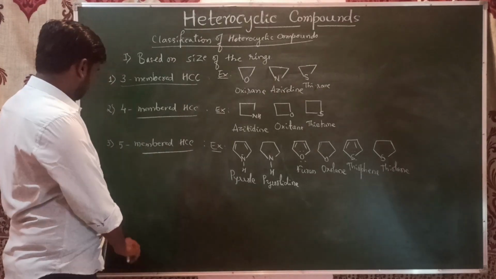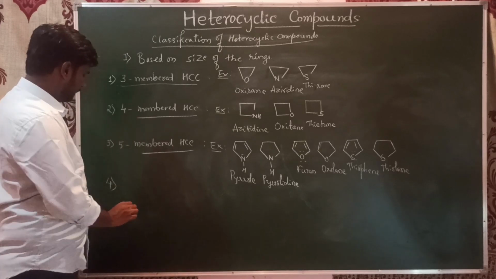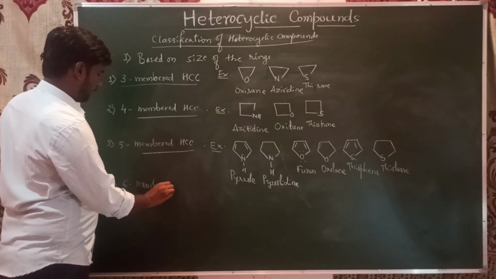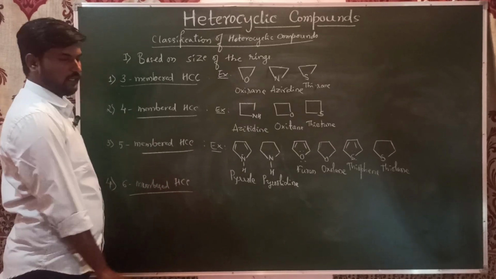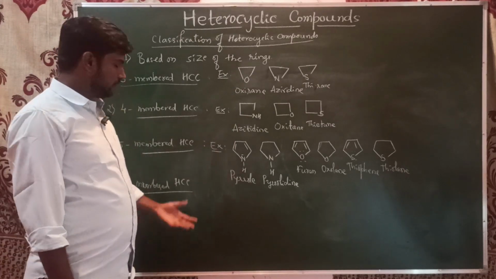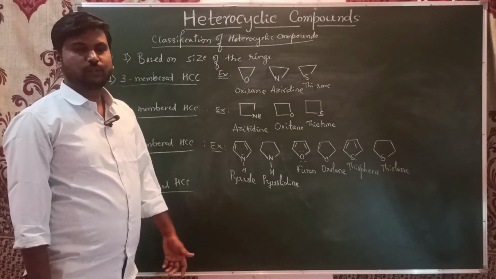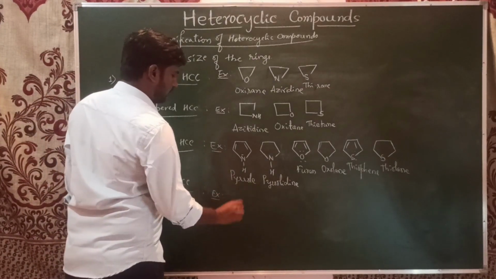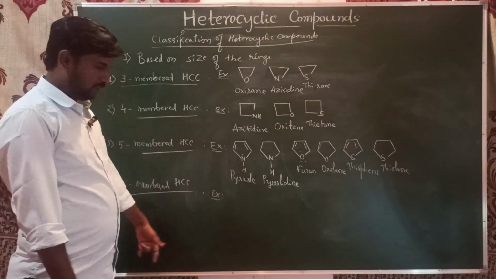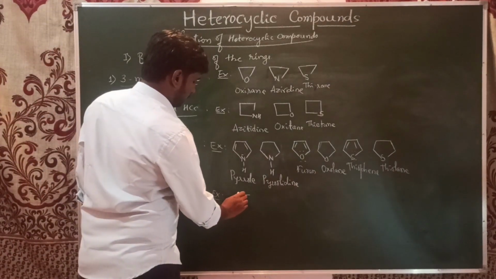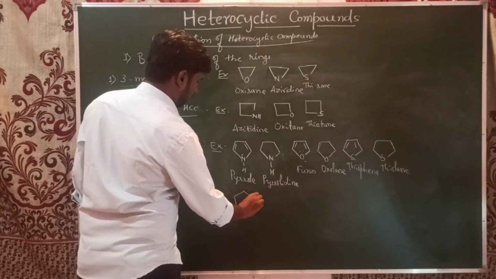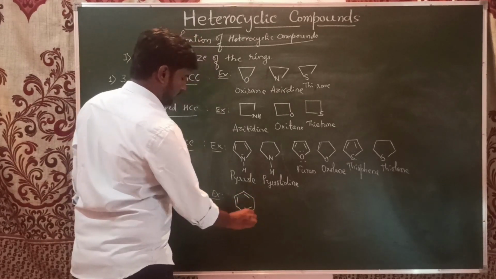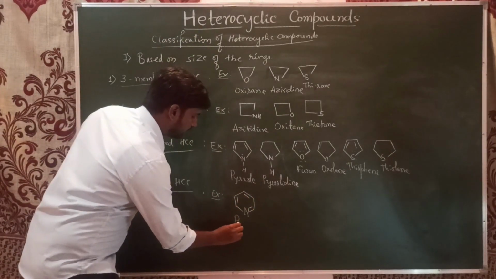The fourth class is six-membered heterocyclic compounds. Here the heterocyclic ring is made up of six atoms, and at least one should be the heteroatom. For example, the important compound we are discussing in this chapter, this one, is known as pyridine.